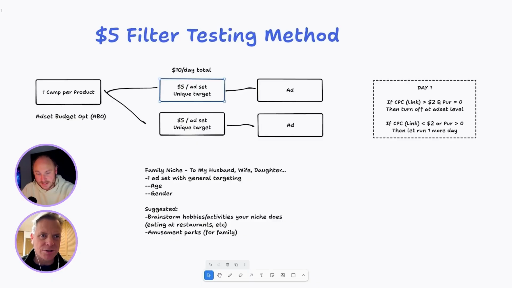Well, I actually have a real life example of how I've done this in the past. One of the products I scaled was a To My Wife product. I was trying to figure out which demographic of husband was most likely to buy the product. Where I got to mentally was the restaurant idea. I was like, I'm going to target a bunch of upscale restaurants, and then a bunch of mid-scale restaurants.